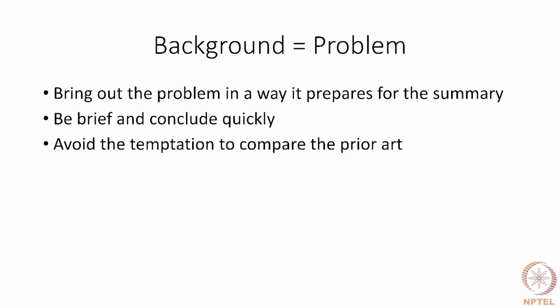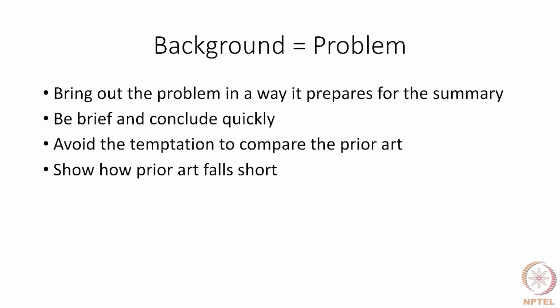Now, you should avoid the temptation to compare the prior art, because when you make a comparison, there is a possibility that your invention may look obvious if you compare it with the prior art. There's no harm in describing in broad statements what the prior art is, what the problem is, but a step-to-step comparison with your invention could be detrimental to the future of your invention.